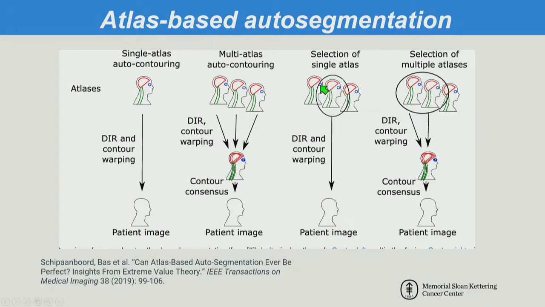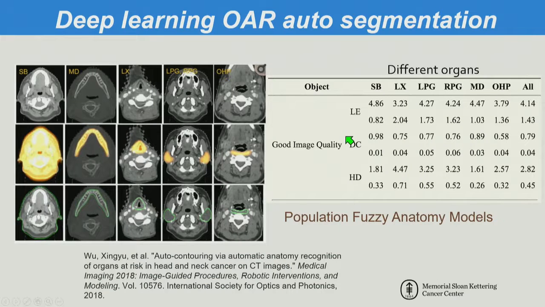This third one is very common. You have a database with multiple patients there or multiple data, and you pick your best match from that, and then you deform that one picked patient to your new image and transfer those contours there. And then the last one is a combination of the previous ones.